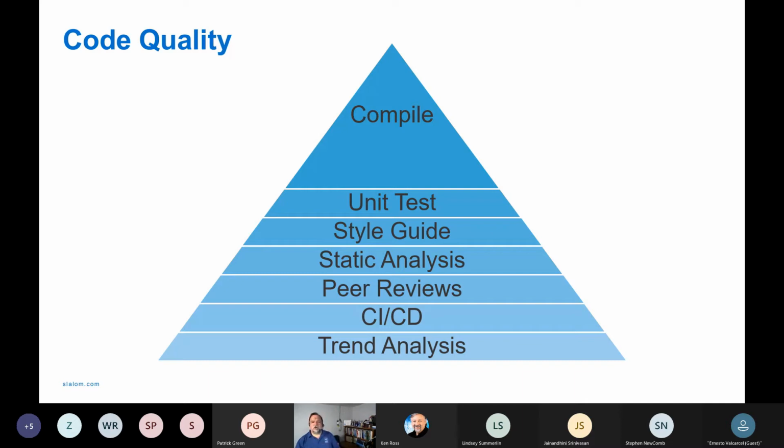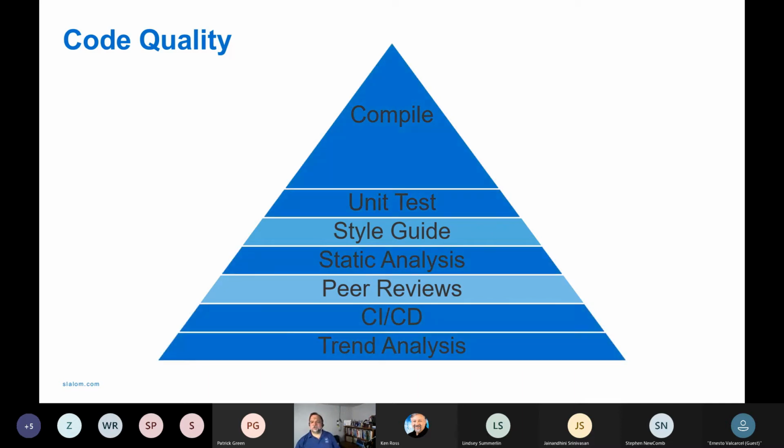So of this little triangle of code quality, two of these stand out from the others in that they are different. Take a minute and look at this and try to figure out what's different between the darker colored ones and the lighter colored ones. Usually I would ask you for hands raised, but since we're remote, I won't do that today.